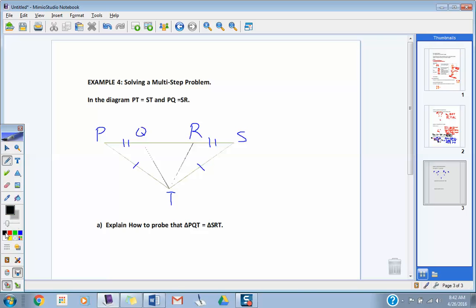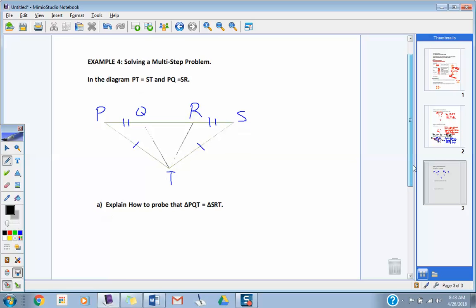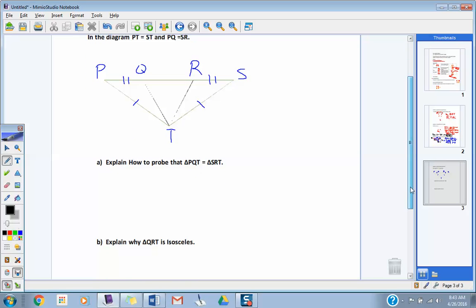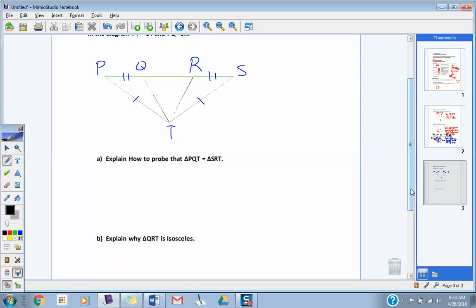Well, that triangle QRT, it's isosceles. Maybe. Okay. Maybe. We'll see. Carson, it is. Why? Because there's two sides that are equal.